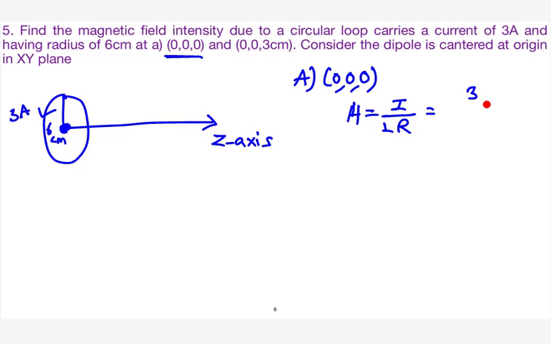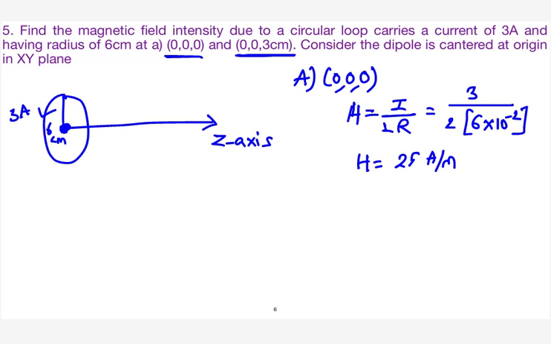Current is 3 ampere and the radius is 6 centimeter, 6 into 10 power minus 2. You can verify that you are going to get 25 ampere per meter. Please cross check that and correct me if I am wrong. And the other point is located on the z-axis itself. You can see, this is somewhere located here, (0, 0, 3 centimeter).